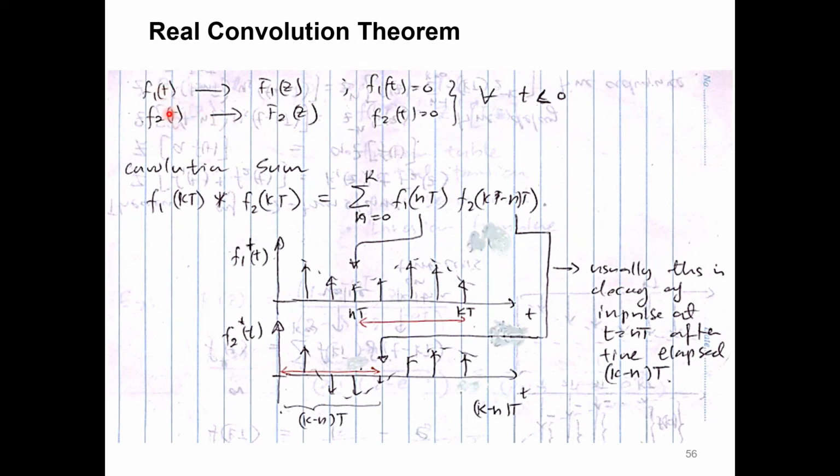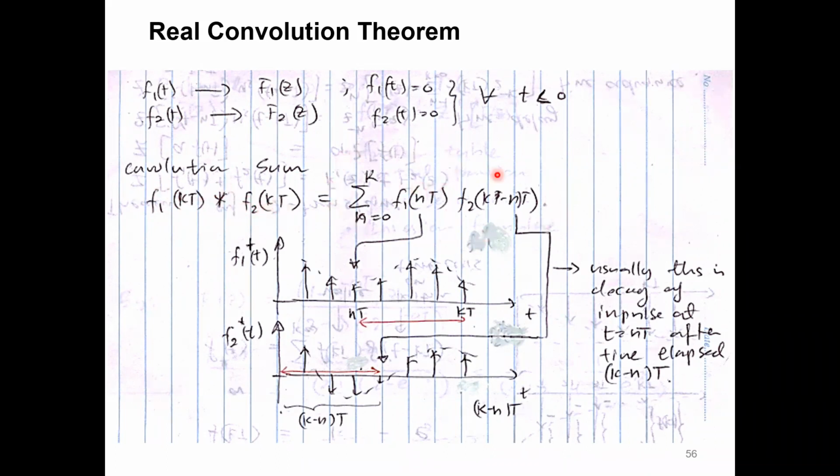So I have two signals. I would say one is a signal, the other one is the system. So these are interacting, right? F1 is it, F2 is it. This is how we write the convolution sum, right? The first discrete sequence, f1 kt, asterisk f2 kt. This is the convolution.